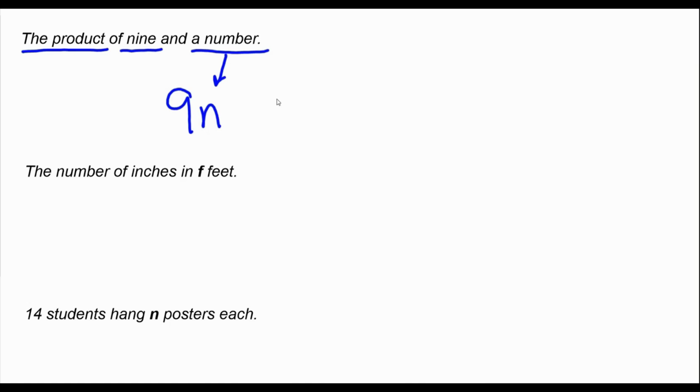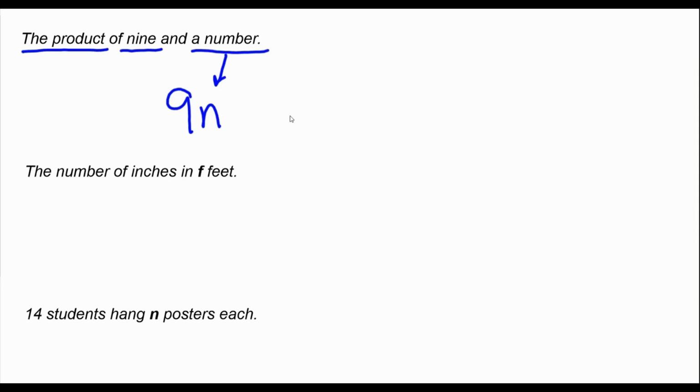The number of inches in f feet. So I know that there's 12 inches per foot. Okay, there's that unit rate again, 12 inches per foot. So if there's 12 inches for every foot, how would I find the number of inches in feet? That means in any number of feet, what would I do? If I give you the number of feet, what do you do to that number to find the number of inches?